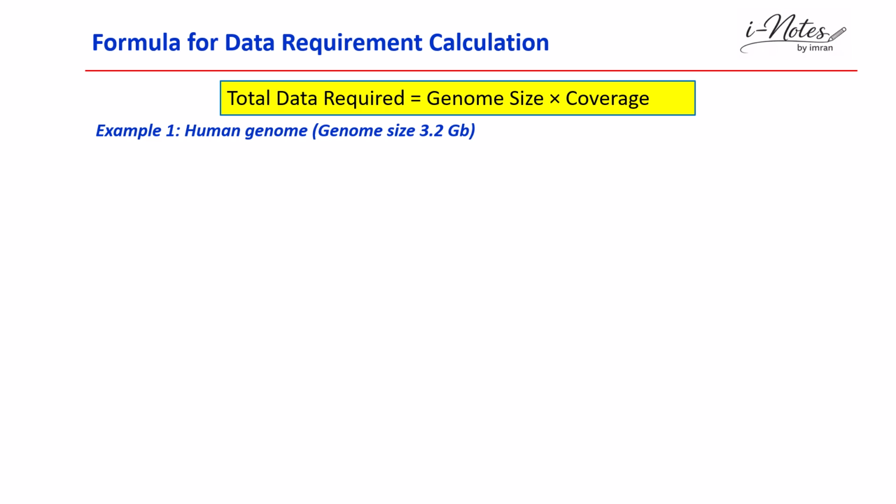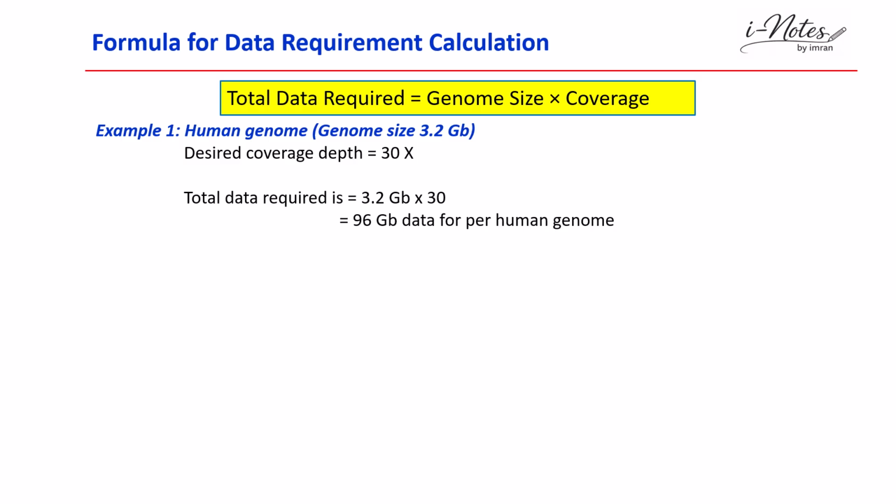For example, if you are working with the human genome, as I mentioned, the size is roughly 3.2 gigabases, and you have decided the coverage depth required is 30x. In this case, the total data required would be 3.2 GB multiplied by 30, so 96 gigabases per human genome.